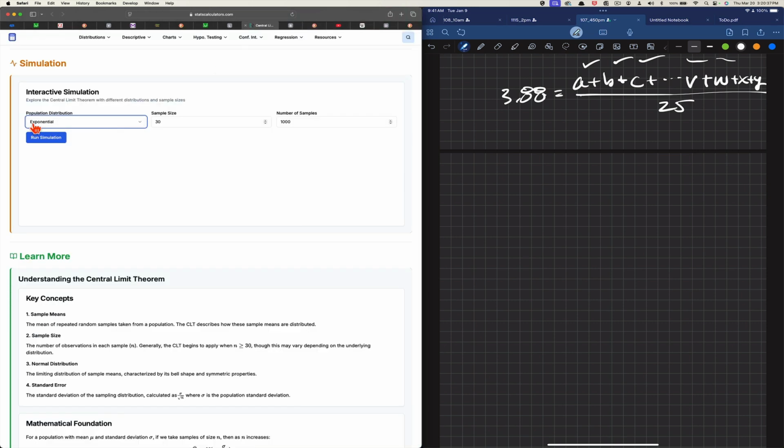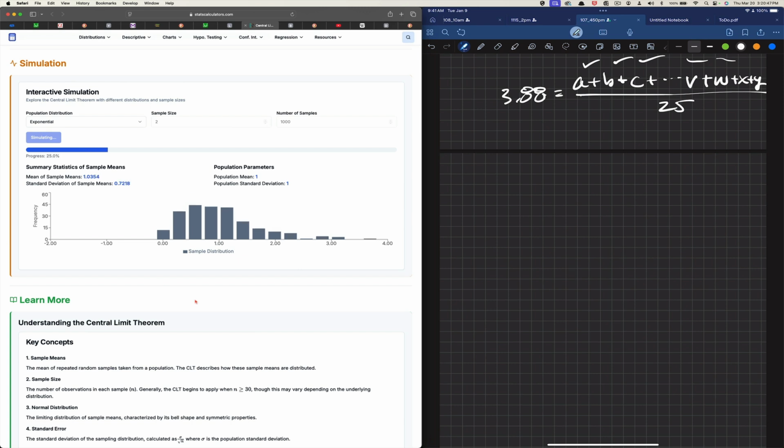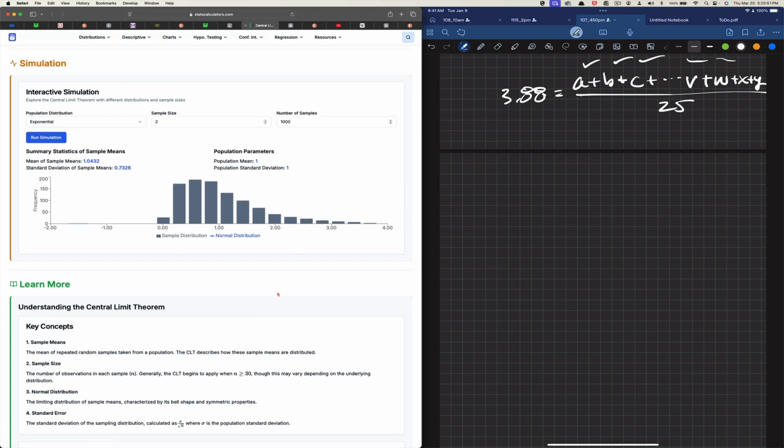So even if I use an exponential distribution, if I choose a sample size of, let's say, 2, and I'm going to take 1,000 samples, here are the 1,000 samples coming out, and this is not very approximately normal, right? It's not so much, because you can still see it's right skewed.